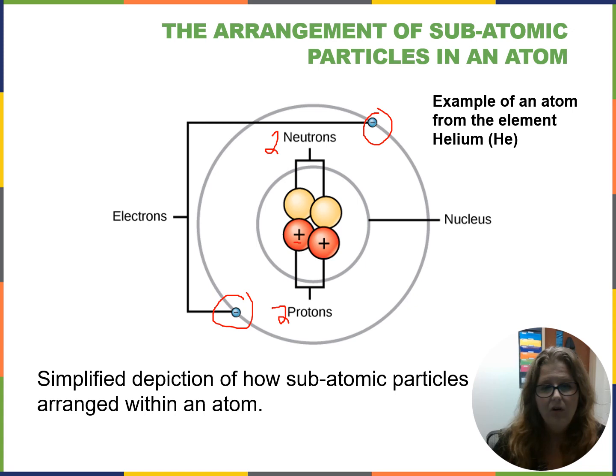And because the number of P equals the number of E, then you have +2 for the protons, and then you add that to the -2 for the electrons. So that gives us an overall charge of 0. So this is a neutral helium atom. And again, this is a simplified version of this.